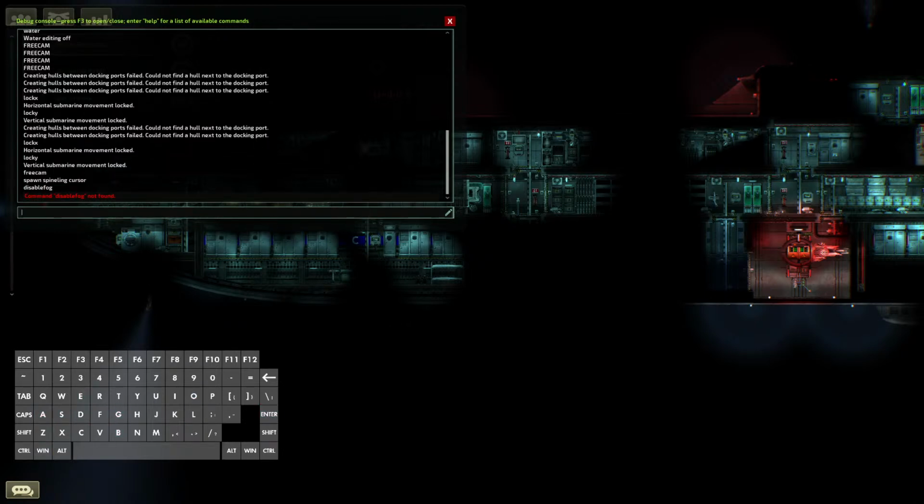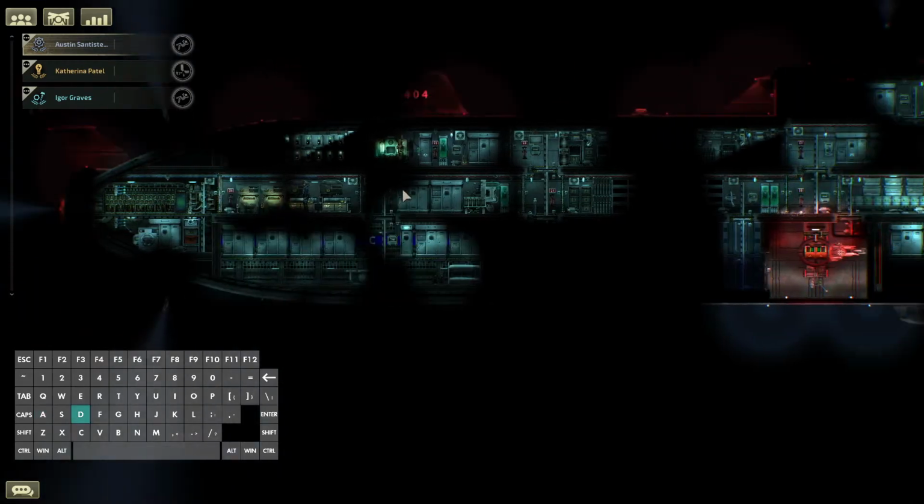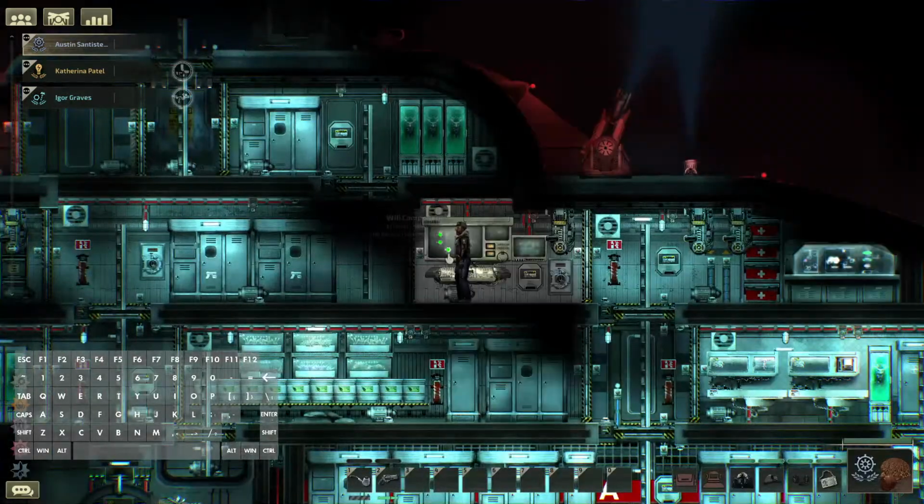Hang on. There's a console command to turn off the fog. I forget what it is. You know what? No, let's not worry about it. Okay, so he's floating around back there. Is he about to set that off? I think he is. Yep, look at that. We have lights.